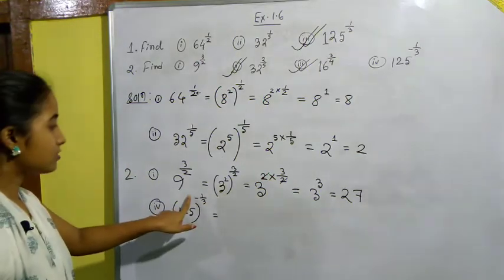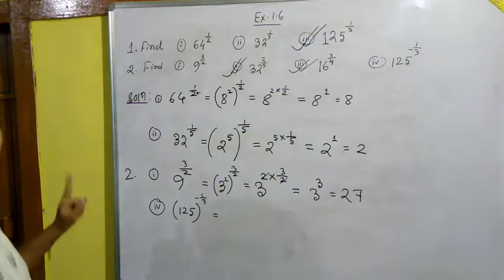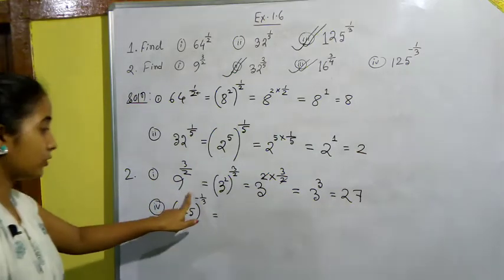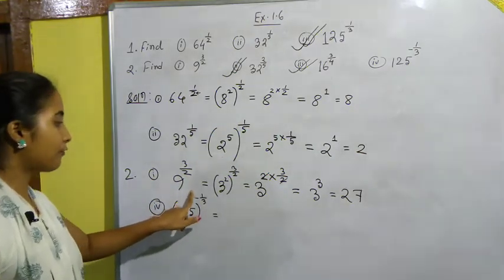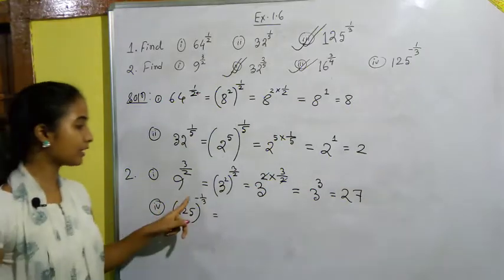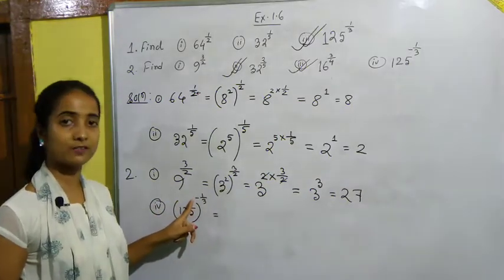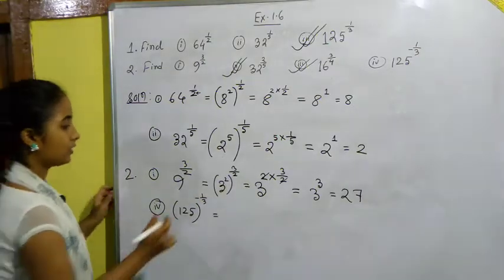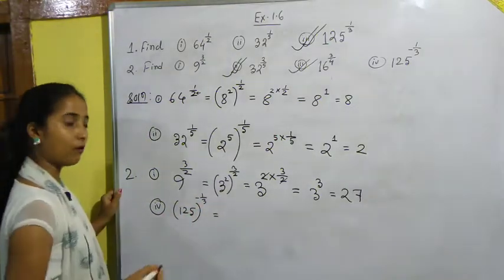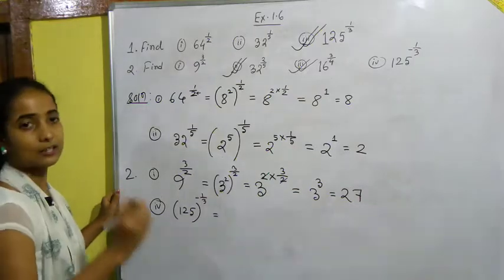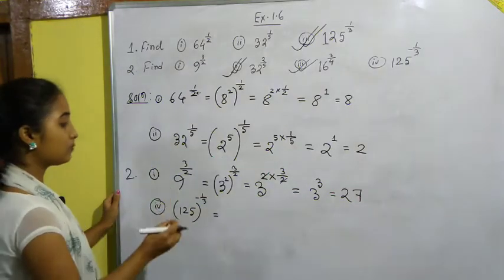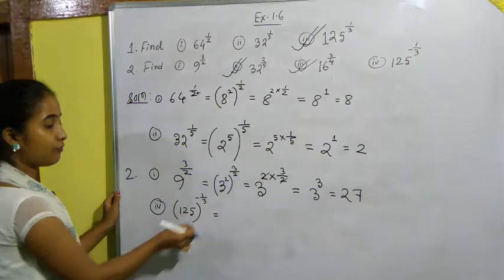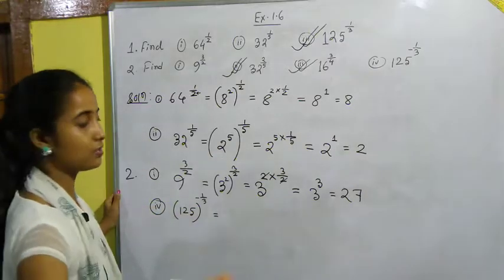Here the exponent is in the form of a fraction, but the negative sign is present. But neglect the negative sign. You focus on the denominator of the power. Here the denominator is what? The denominator is 3. That means you have to convert 125 into something to the power 3.